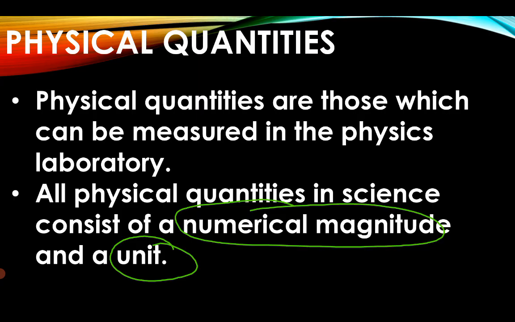They are those quantities which can be measured in the physics lab, or in other laboratories like chemistry or biology labs, in science in general. That which you can measure and quantify is called a physical quantity. So a physical quantity must have two parts, namely a numerical magnitude and a unit.